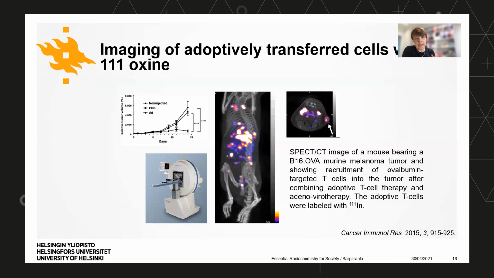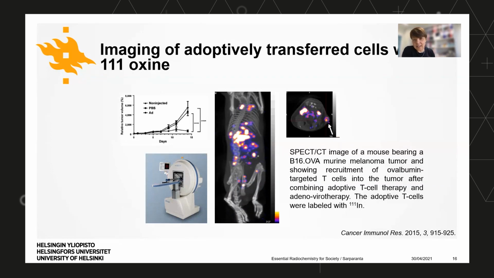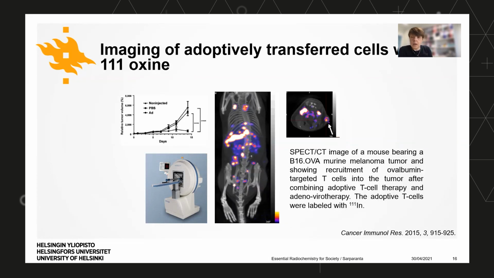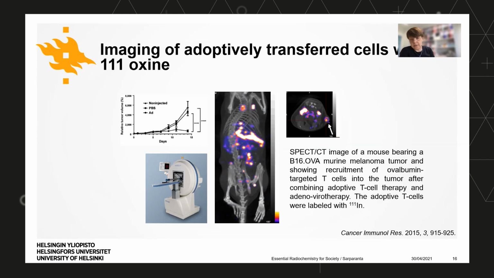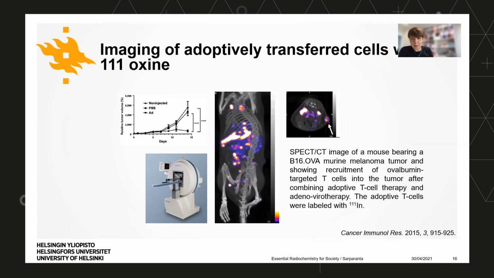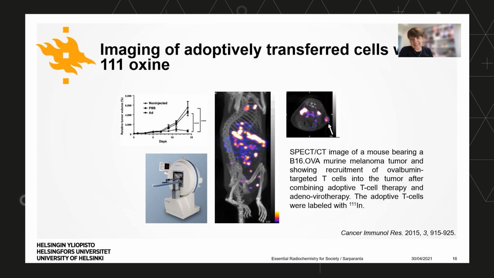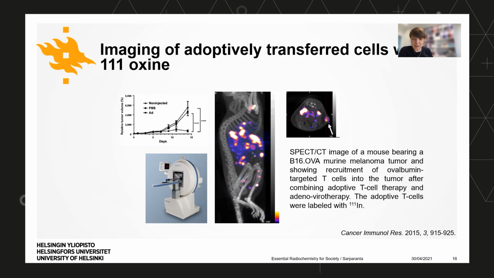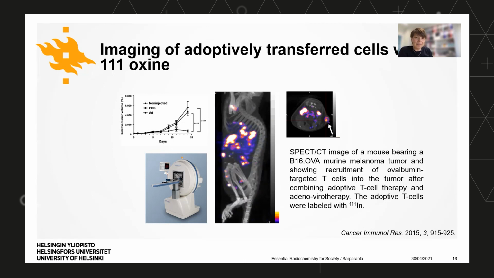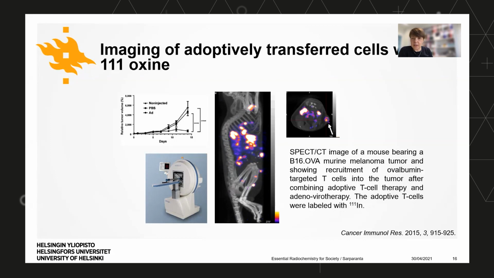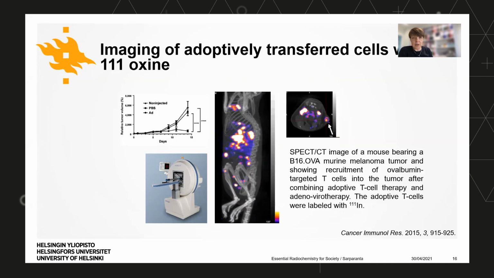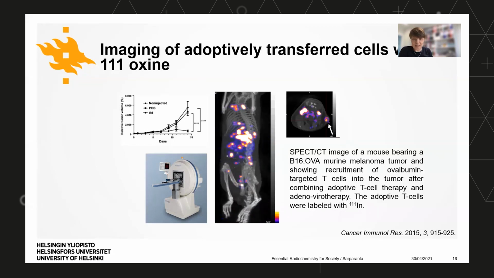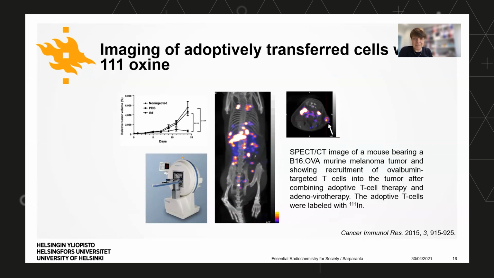This B16 OVA OT-1 model is a very widely used syngeneic mouse model of adoptive cell transfer. There we artificially use ovalbumin expression in the melanoma cells as the target for the T cell receptor, the tumor-associated antigen. I think it's a very cool image, and obviously you can appreciate here the distribution of the radiolabeled cells in the immune compartments of the mouse. Next slide.